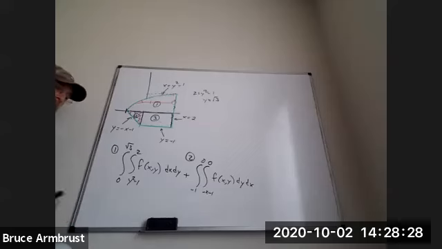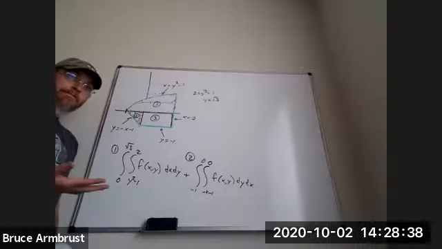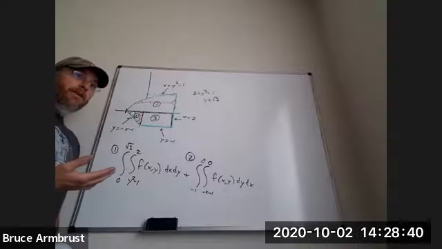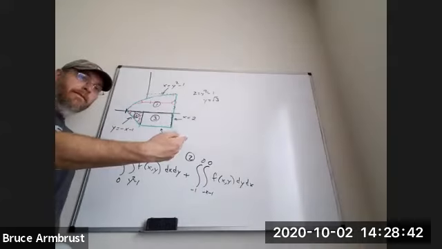How do you determine which way he starts, though, integration man? Always left to right. Or always down and up. So always from smallest to biggest. Right? You think about when you do a regular integral and you integrate from a to b, you're going from left to right.